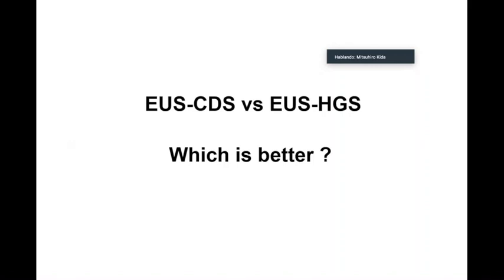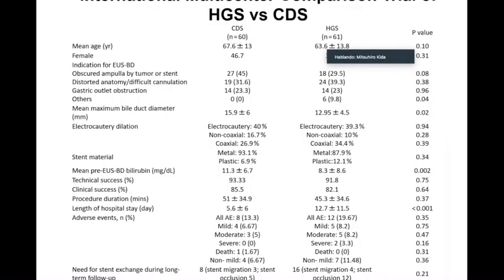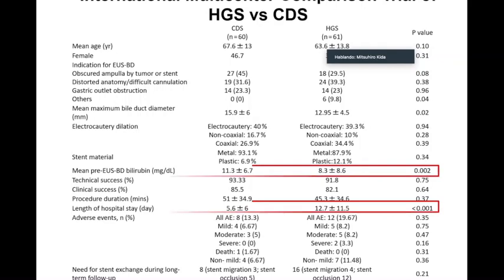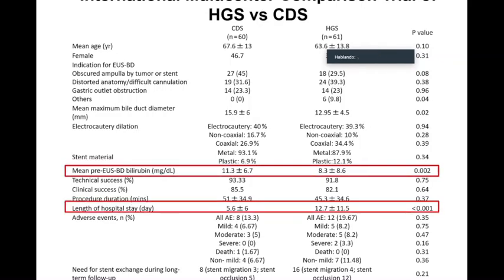So EUS-CDS or EUS-HDS, which is better? This is an international multi-center retrospective trial done by Kashyap. The rates are nearly the same, and the hospital stay is a little bit longer in HDS.